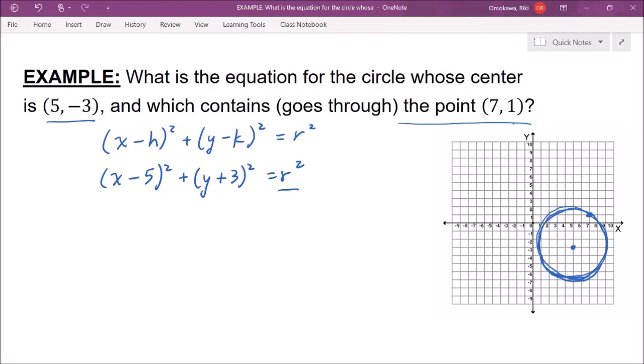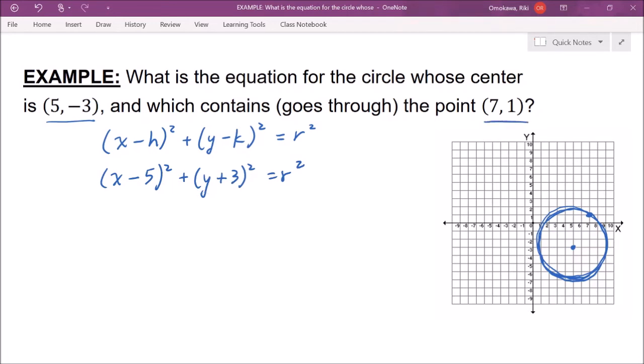So if you think about it, any point on the circle should satisfy this equation, as in make this equation true when we plug it into x and y.